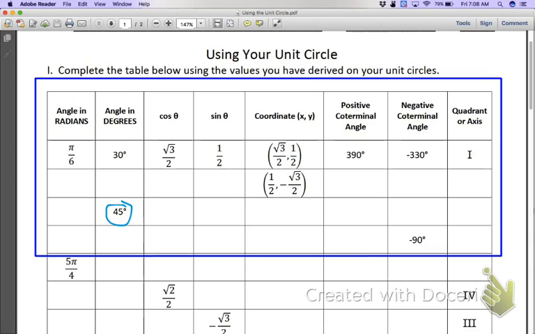What you're going to do is, just like with the 30-degree angle, which has pi over 6, the angle in radians, take it from there.